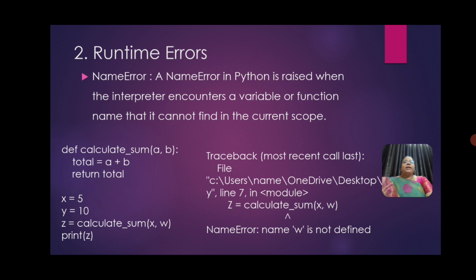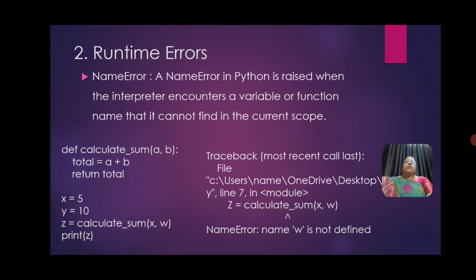Name error. A name error in Python is raised when the interpreter encounters a variable or function name that it cannot find in the current scope. So this shows the example here. def calculate_sum(a, b): total = a + b, return total.